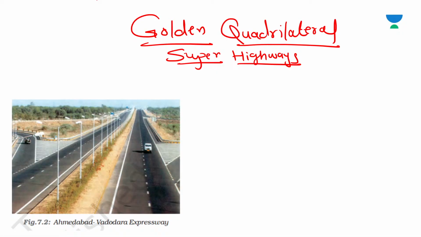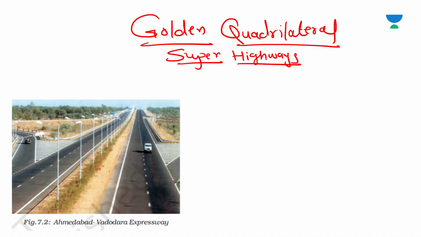The government has launched a major road development project linking Delhi, Kolkata, Chennai, Mumbai, and Delhi by six-lane superhighways. The north-south corridor linking Srinagar and Kanyakumari, and east-west corridor connecting Silchar in Assam to Porbandar in Gujarat, are part of this project.